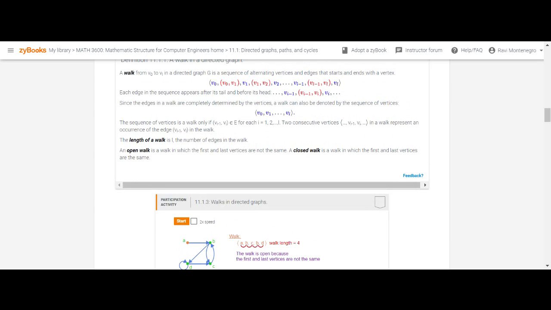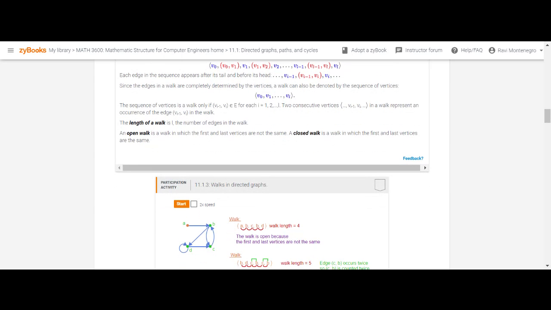But the length of a walk is like the distance. If each of these edges represented 1 mile, and I asked, how far do you have to walk to get from A to D? Well, you have lots of ways to get there. But the most obvious one would be A to B, 1 mile, to D, another mile.